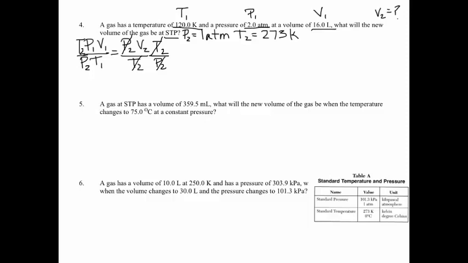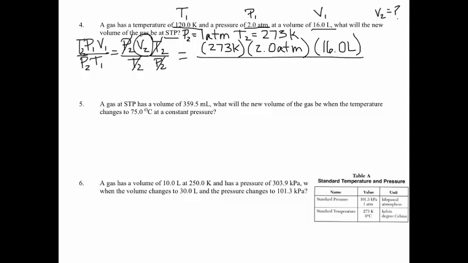So now I can plug my numbers in to solve for V2. So we have T2 first, so that's 273 Kelvin, and then P1, which was 2.0 atmospheres, and then V1, which was 16.0 liters, just getting that from the question. And then in the denominator we have P2, which is 1 atmosphere, and T1, which given in the question was 120.0 Kelvin. Our Kelvins are going to cancel out, our atmospheres are going to be canceling out, our units for volume will end up being liters.